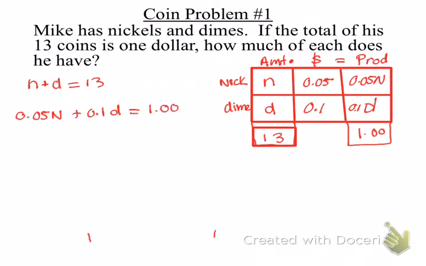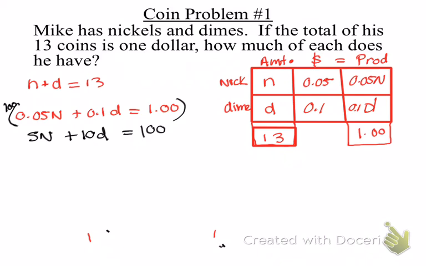What did you want to do, Dennis? Yes, of course you can do that. Because we don't like to deal with decimals. So I'm going to do that, and my new equation will be 5N plus 10D equals 100.